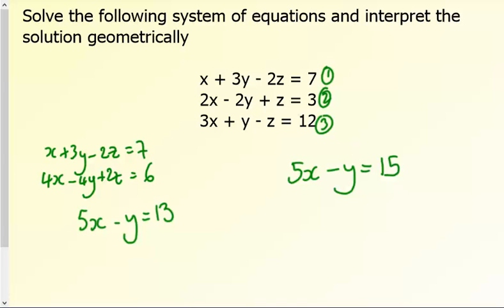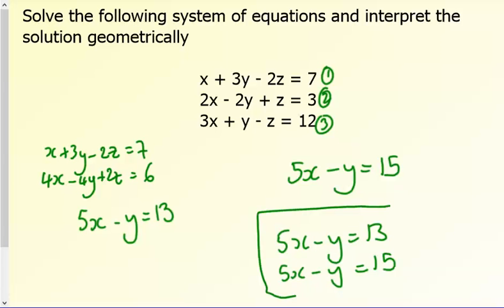Anyway, if you did the same thing, and you combined the first two to eliminate z, and then the second and the third one to eliminate z, then the two equations that you will have got would be 5x minus y equals 13 and 5x minus y equals 15. If you combine them in a different way, you'd have got maybe y's in terms of z, but a similar situation and a similar problem to solve.